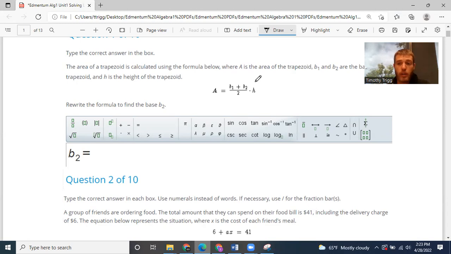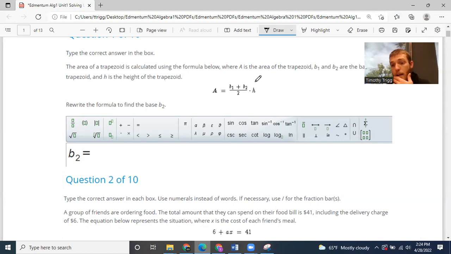What they are actually doing is giving us a distinction between two different bases in this case, right? So when we have multiple of the same type of thing, sometimes we'll give it a subscript so that we can tell the difference between one and the other. Since they're both bases, they both get the variable B, but to show that they are different bases and they can have different values, that's why they have those different subscripts.